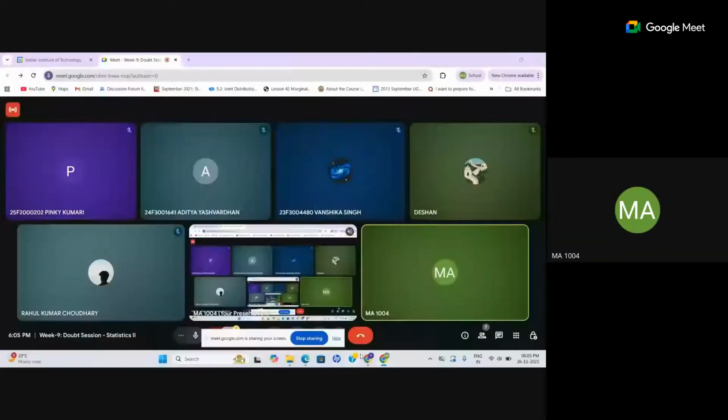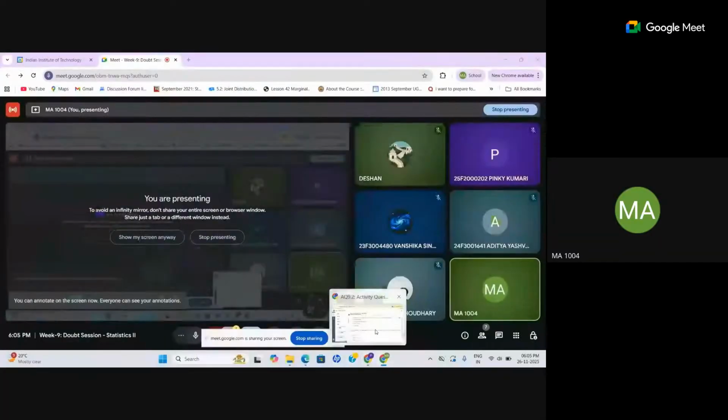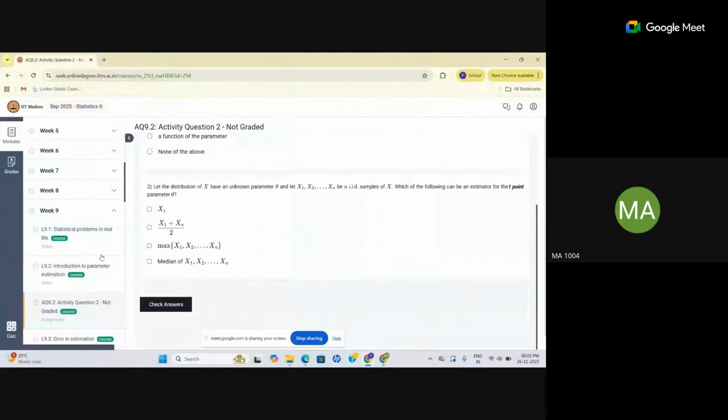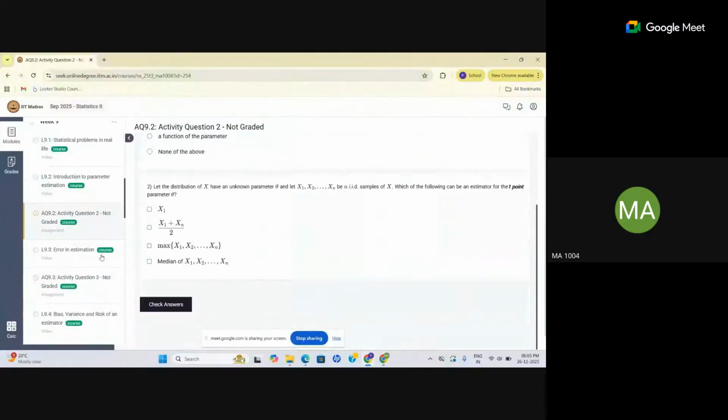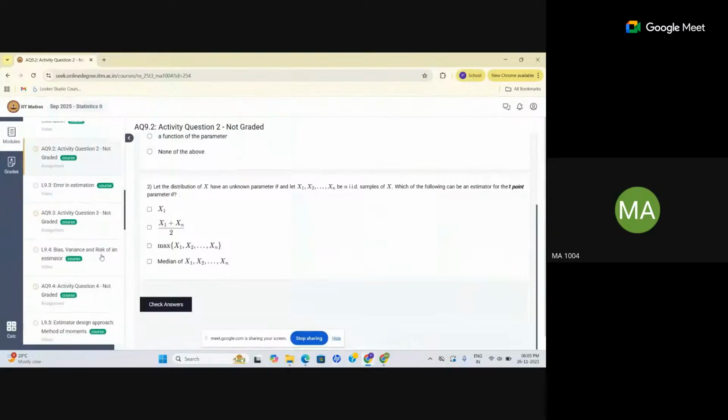So let's start with the activity questions. Does anyone have any doubt in this activity? First of all, have you tried solving the questions or not?